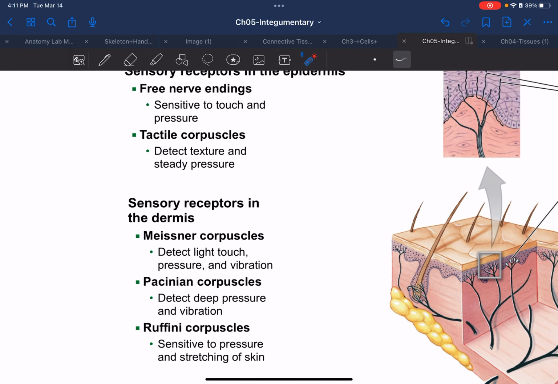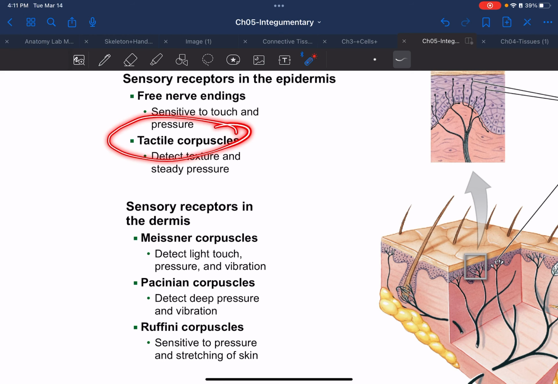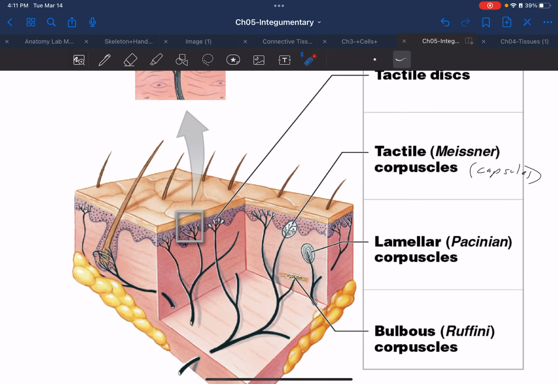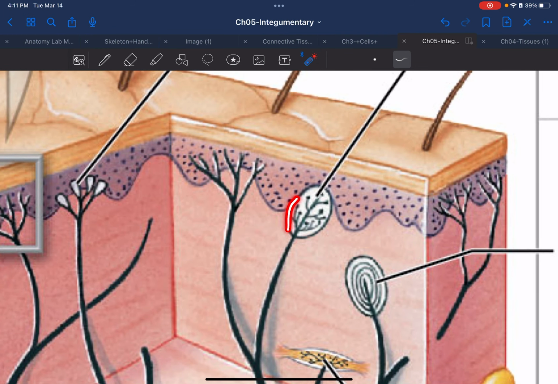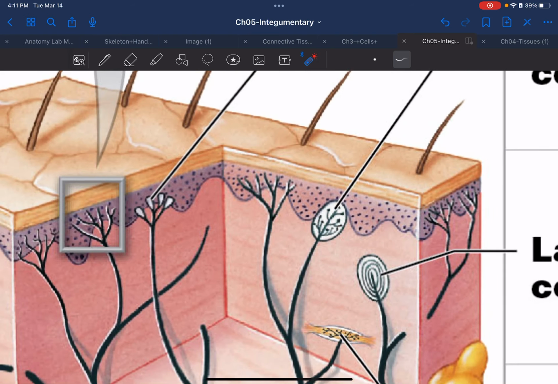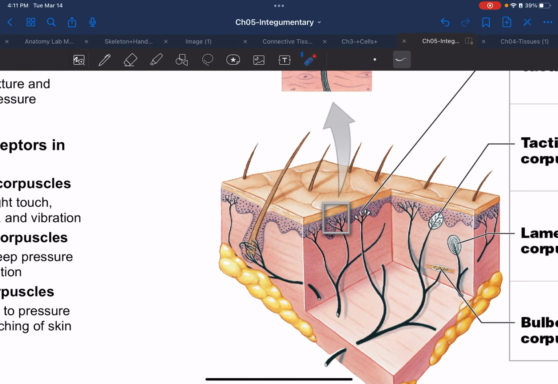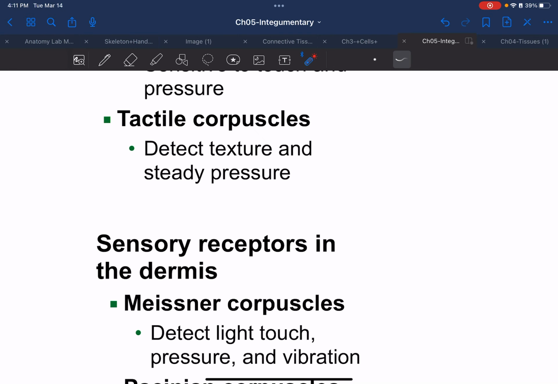And then you have another one called tactile corpuscles. These are going to lie a little bit underneath, and these are not going to be in the epidermis. You'll notice that they actually exist only within the dermis, and that's what makes them unique from free nerve endings, and they detect texture. If you're not sure what this means, if I gave you sandpaper and then a silk blanket, you're able to tell which one's which by just feeling.